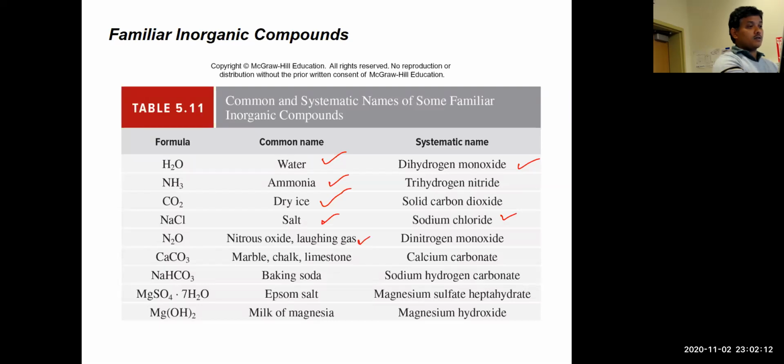And like nitrous oxide or marble, that's CaCO3, or baking soda, instead of saying sodium hydrogen carbonate, a really long name. Epsom salt is popular rather than saying magnesium sulfate heptahydrate, and milk of magnesia is popular rather than saying magnesium hydroxide. These are just common popular names.